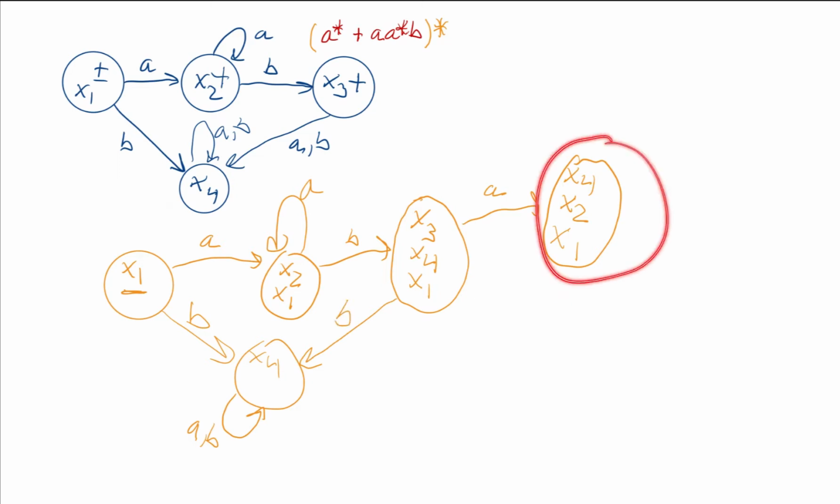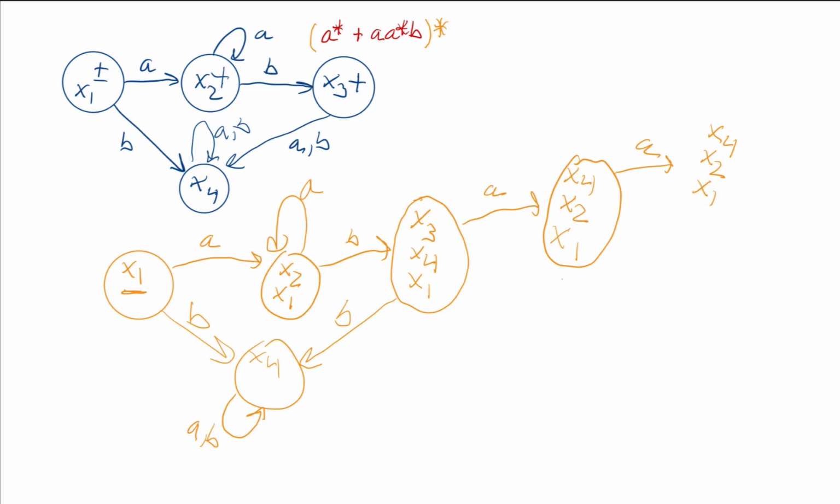Let's do this state right here. If I'm in state x4 and I read an A, I go back to state x4. If I'm in state x2 and I read an A, I stay back in state x2. x2 happens to be a final state, so that includes x1 on it.